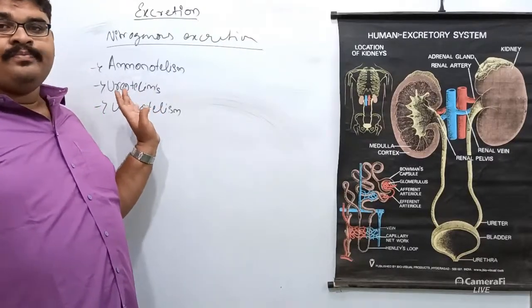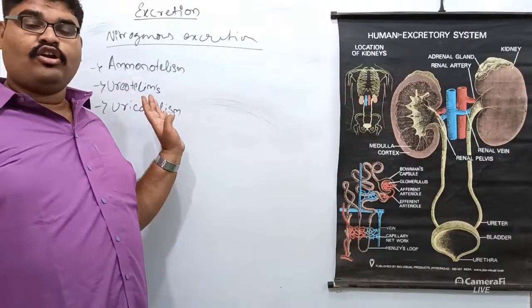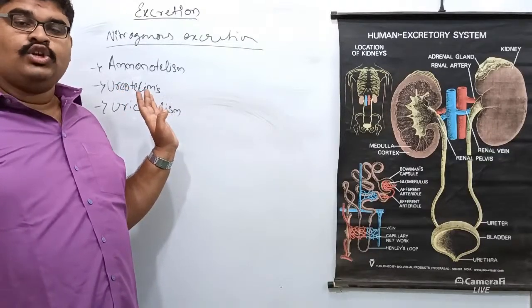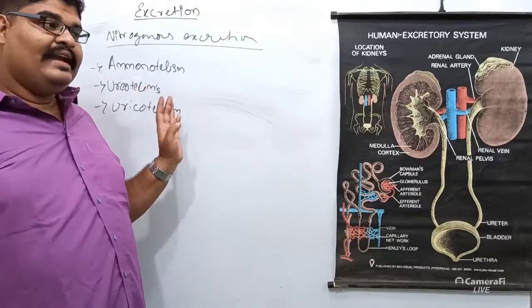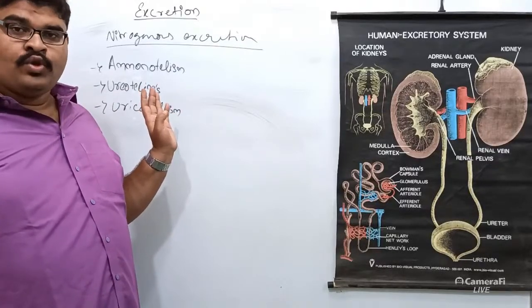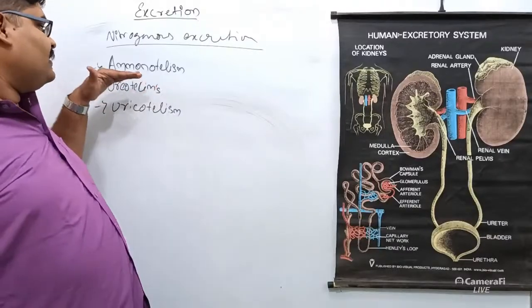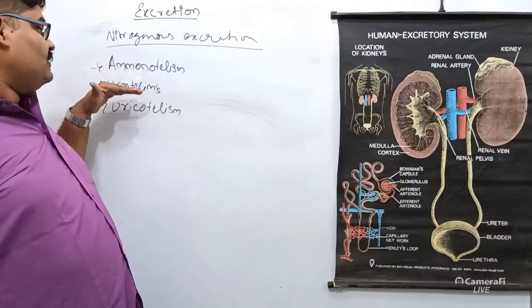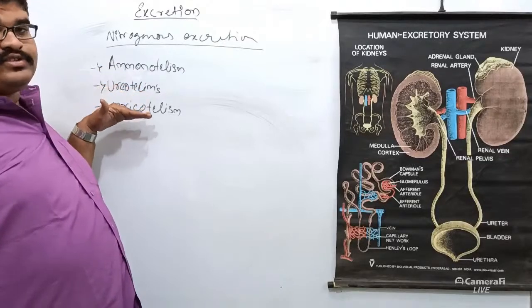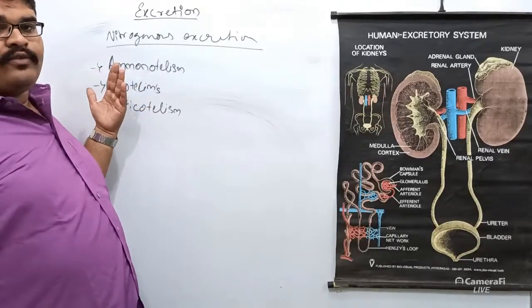Urea is mostly toxic to we human beings. We are all ureotelic organisms, that is we excrete mainly the urea generated in the body, which is toxic but helpful for plants. So these are the three different groups of organisms which are classified on the basis of the mode of elimination.